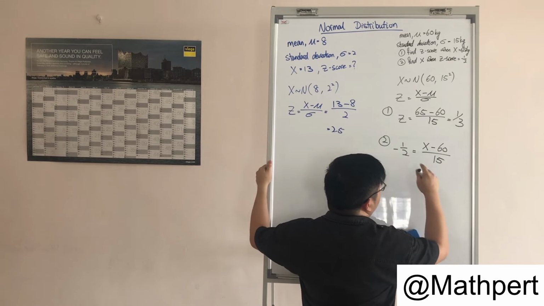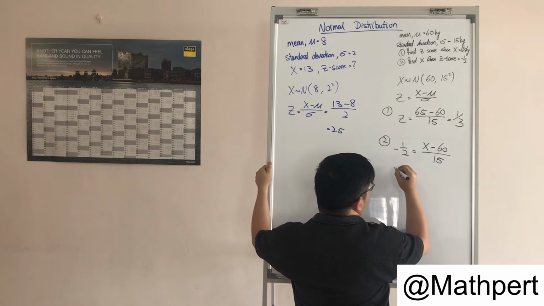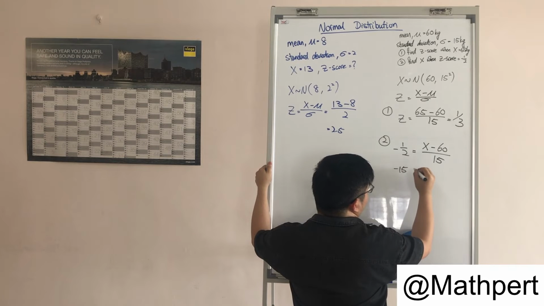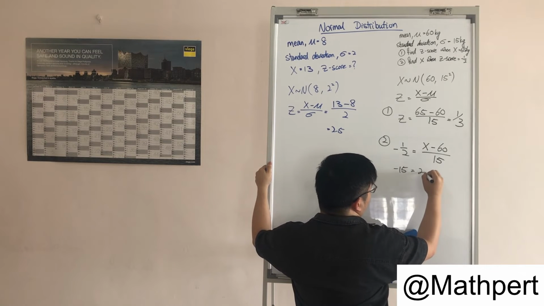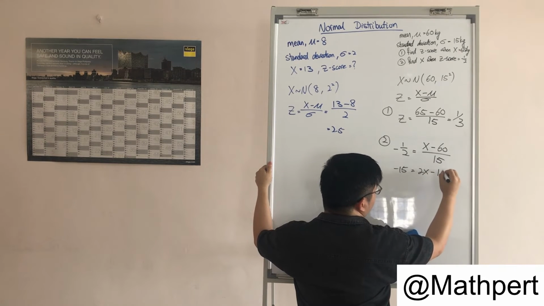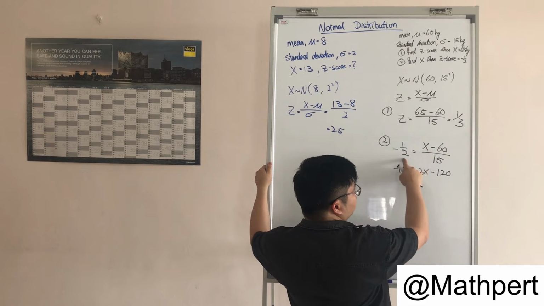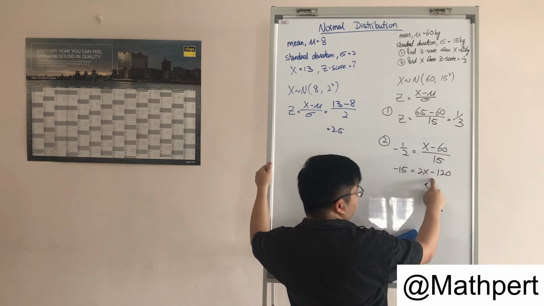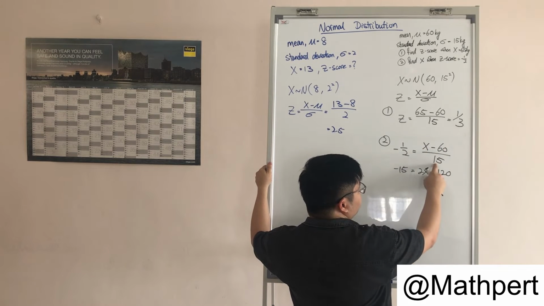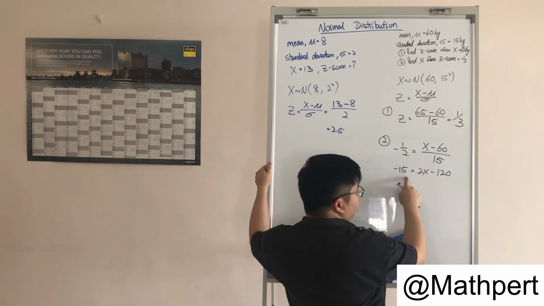Cross multiply. Here we get negative 15 equals 2X minus 120. 2 multiplied by X is 2X, 2 multiplied by negative 60 becomes negative 120, and 15 multiplied by negative 1, we get negative 15.